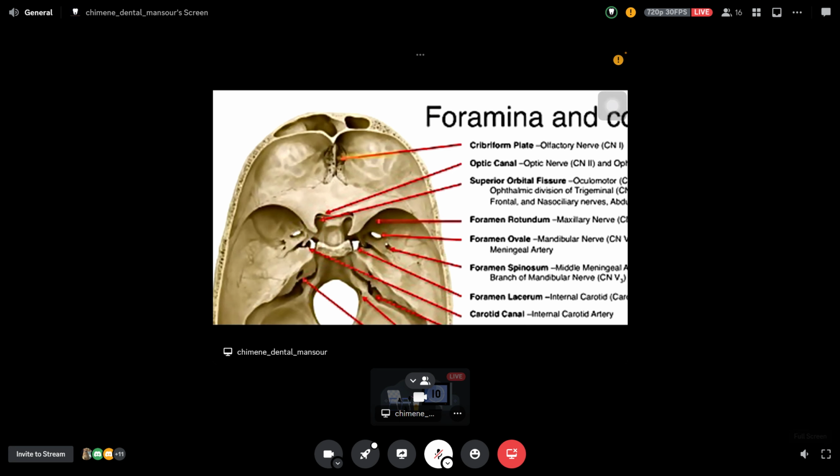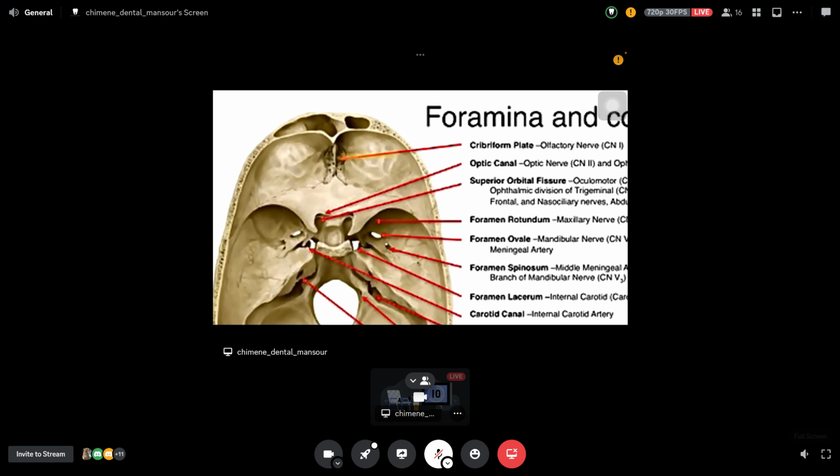But for the spinal vein, you're not going to be asked about it, and neither the posterior spinal artery. So if the professor were to talk about the contents of the foramen magnum, it will only be about the vertebral artery and the accessory nerve, so the cranial nerve 11.